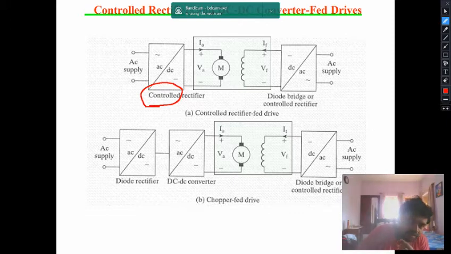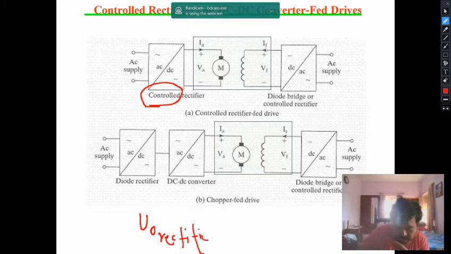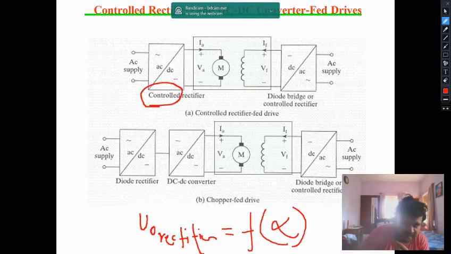A controlled rectifier is required, which means the output voltage V0 of the rectifier should be a function of the firing angle alpha.